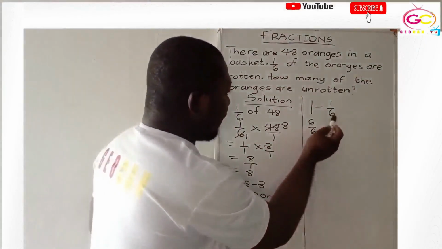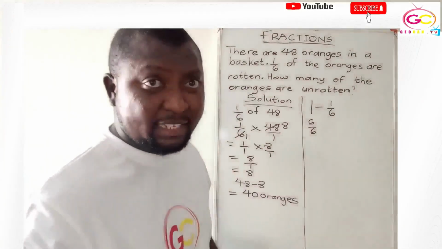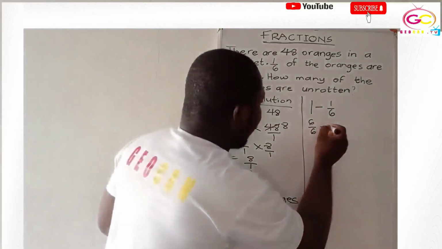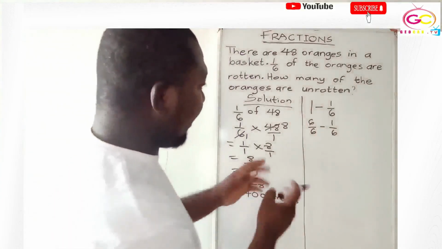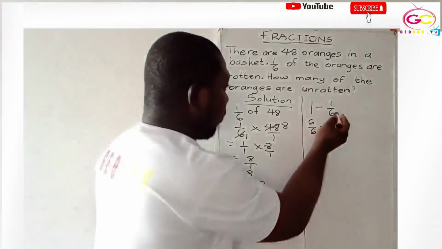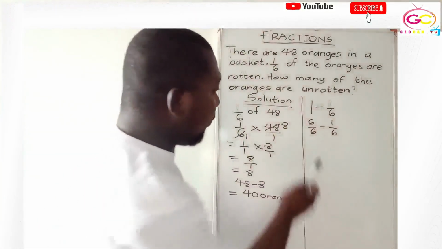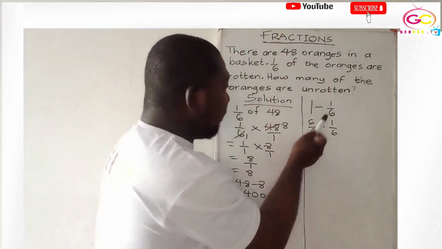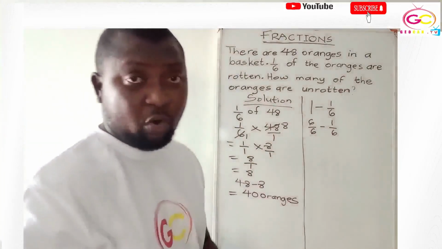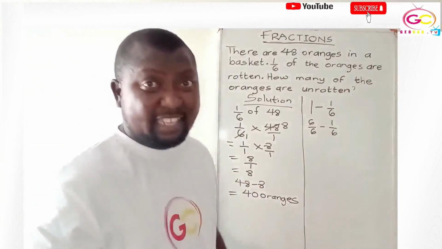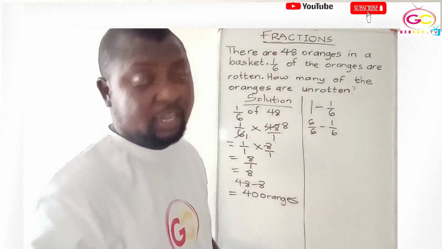Because I want a common denominator of 6 in order to make it easy for me to subtract. So 1 minus 1 over 6 becomes 6 over 6 minus 1 over 6. If this were 1 over 5, I would have written this as 5 over 5. If this were 1 over 4, I would have written this as 4 over 4 in order to have a common denominator, the same denominator, to make it easy for us to subtract.